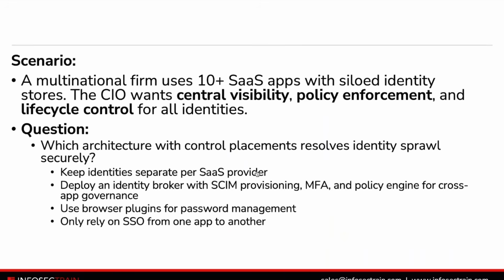It will also have a policy engine for cross app governance, which means I will be using attribute based access control for enforcing the policies where it is needed. So that is the reason why I am going with answer B over here. Another scenario.